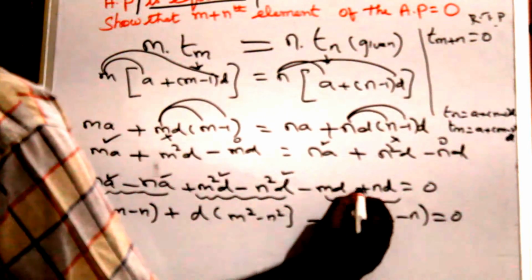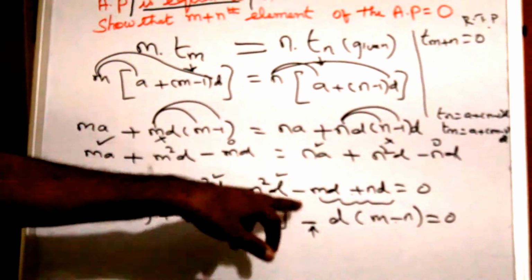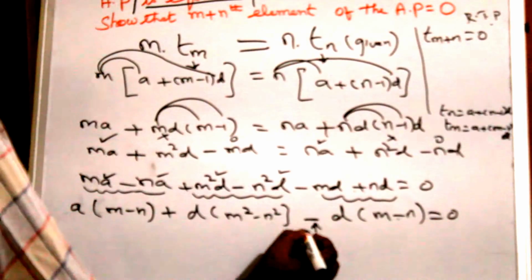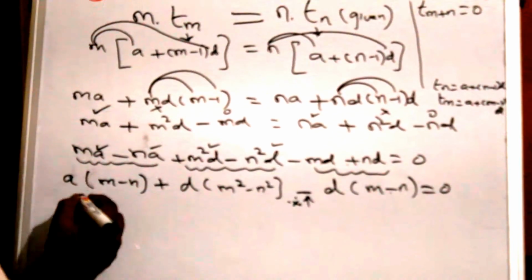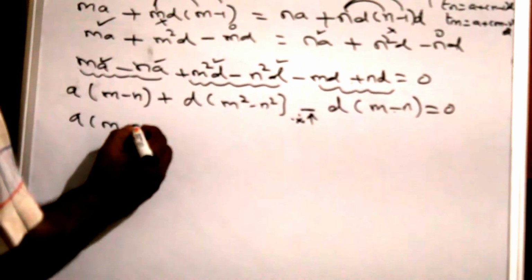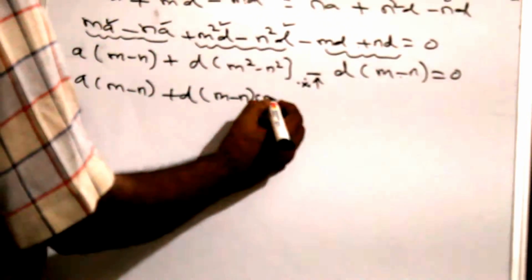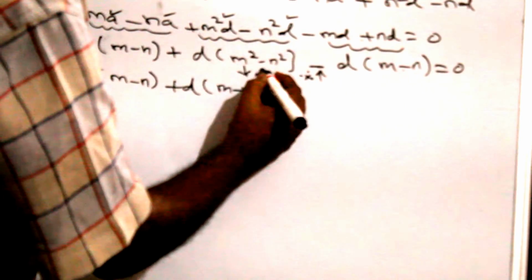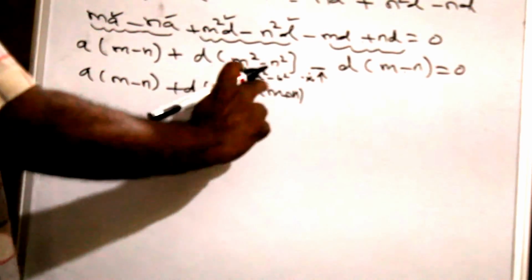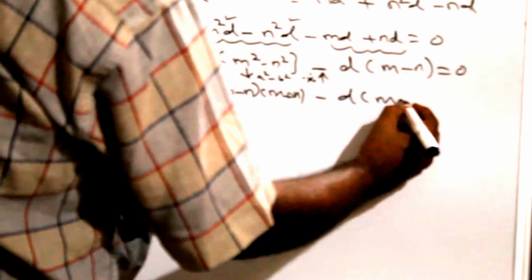Remember, this plus will become minus here, because minus into minus you get plus. Now a into m minus n plus d into, you get m minus n into m plus n. This is the a square minus b square formula. M minus n into m plus n, you get minus d into m minus n equal to 0.